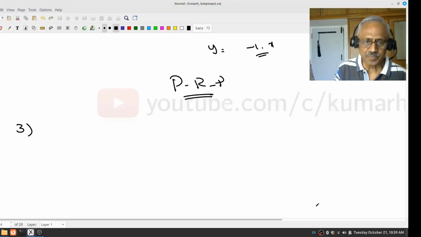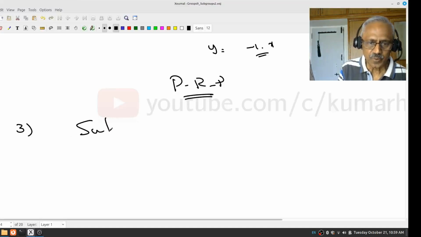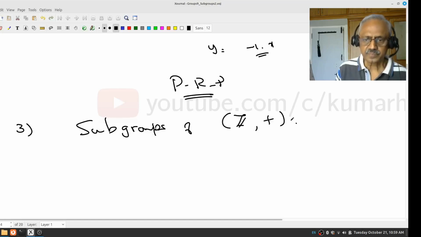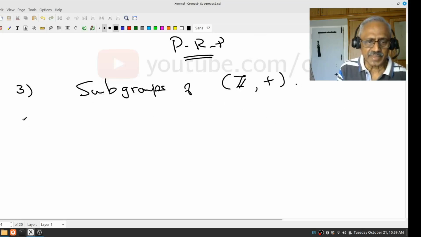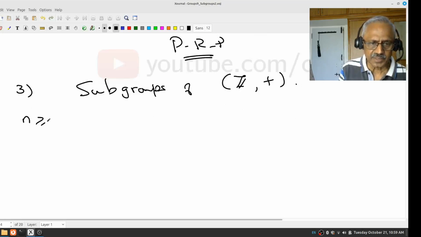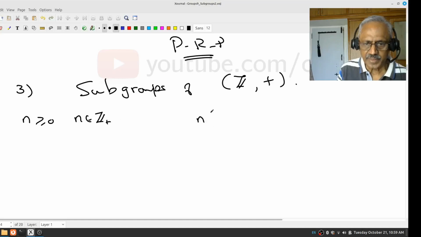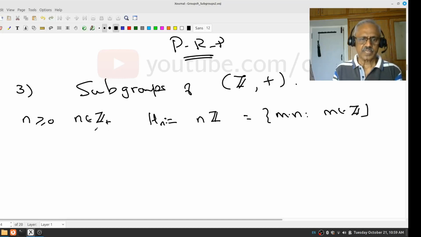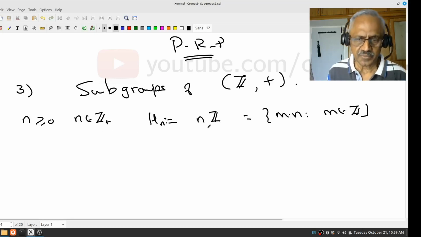So the next example: what are all the subgroups? That is, I want to list all subgroups of Z under addition. Notice that for any non-negative integer n, we define nZ, which is the multiples of n, n times m, where m is over Z. For example, when n is 2, it is all even integers.